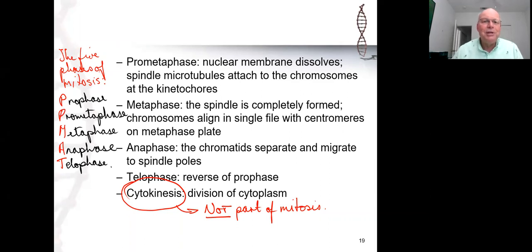Our book certainly does, and most other freshman biology textbooks also include prometaphase as one of the 5 stages of mitosis. So we will include prometaphase. But as you'll see, there is some disconnect here. There's some inconsistency in the usage of these names, and that will become clear when we talk about chapter 13.